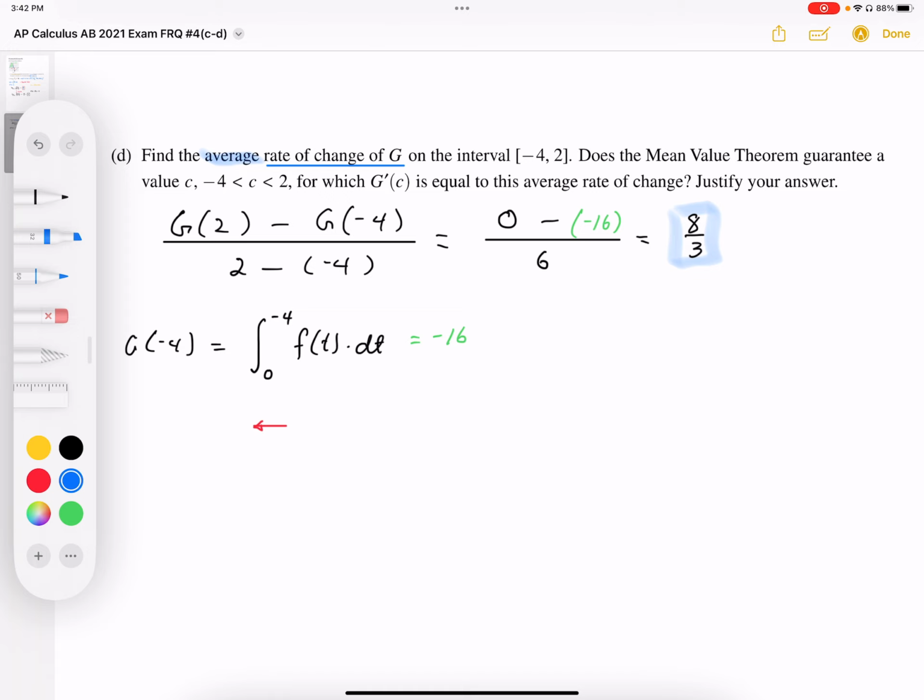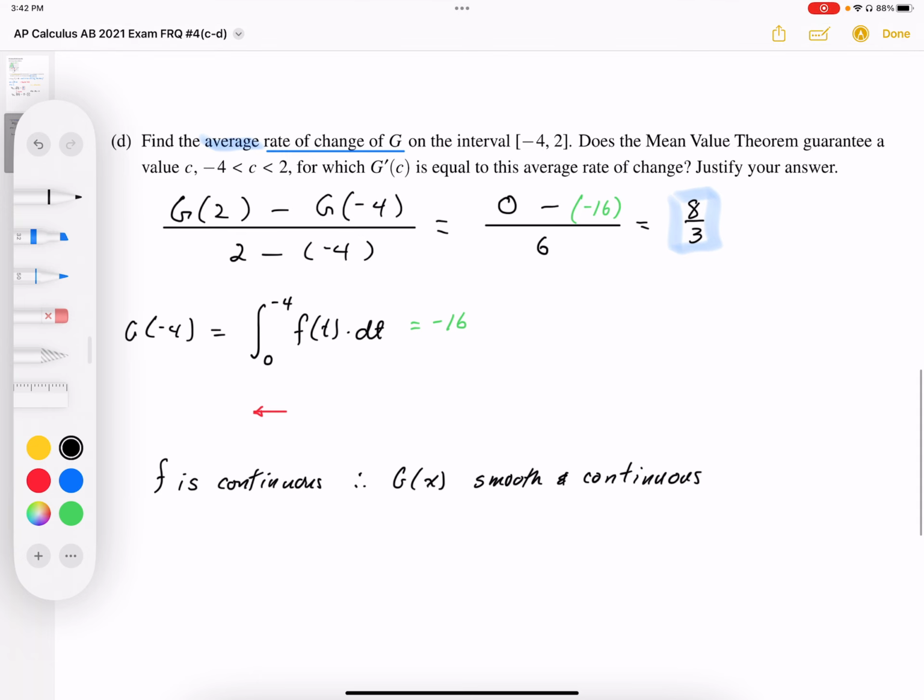Yes, it does, because f is continuous, so I'm going to write this over here, f is continuous, therefore g is smooth and continuous. So we need to establish this condition first. Once we establish a condition of smooth and continuous, then we can apply the mean value theorem.